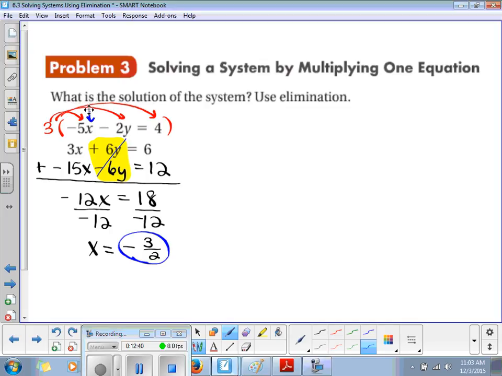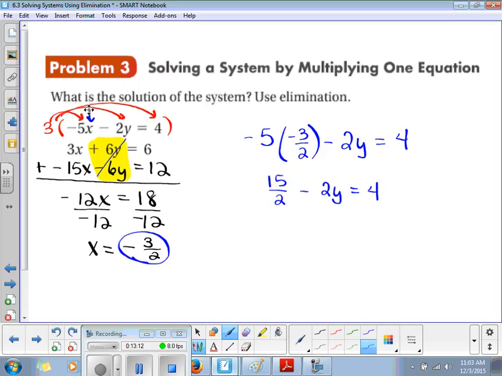So we have negative 5 times a negative 3 halves, minus 2y is equal to 4. So this is going to be a positive 15 halves minus 2y is equal to 4.